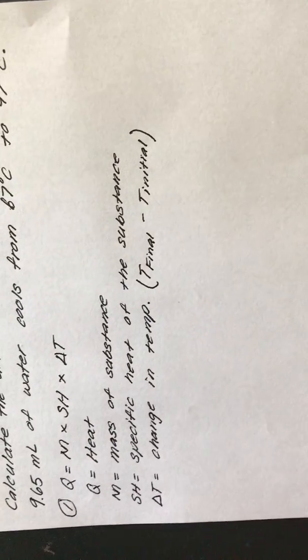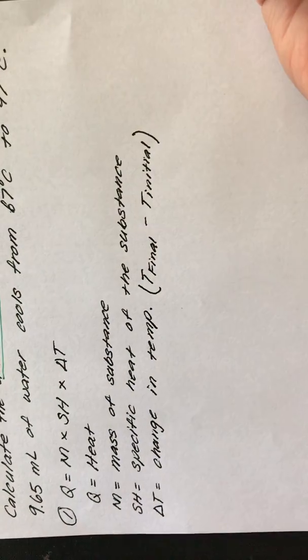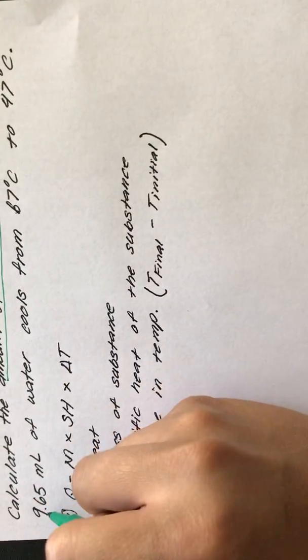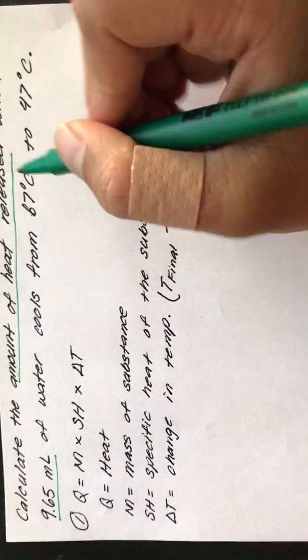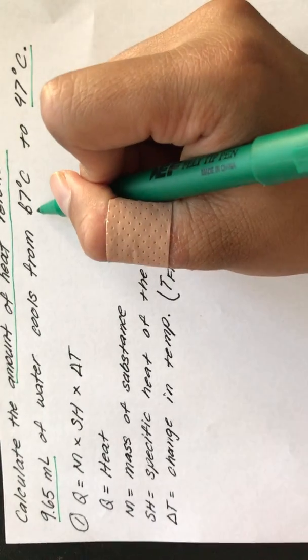So going back to the problem given, we're trying to find the amount of heat released. We're given volume. We're also given the final temperature and the initial temperature.